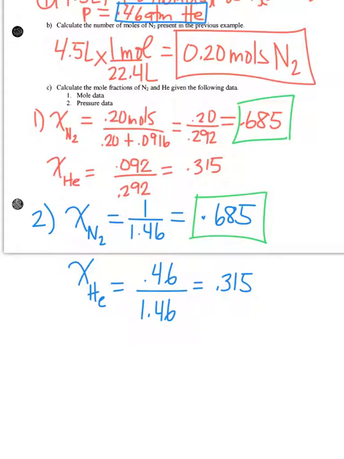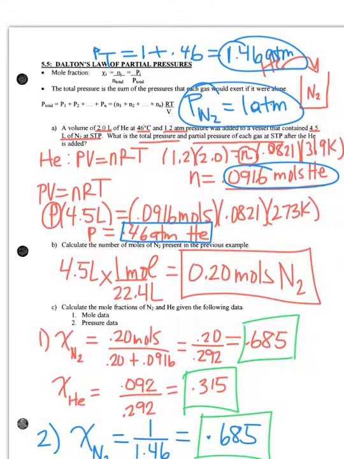We got the same answers, 0.315, 0.315. So if you look at the very top of the page, that mole fraction equation right here, it's showing that no matter what data is provided, whether it's mole data or pressure data, those are equivalent. They'll give you the same mole fraction.